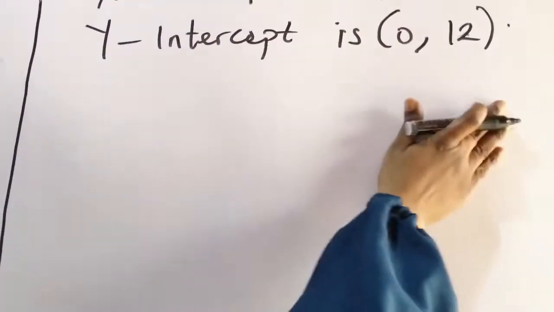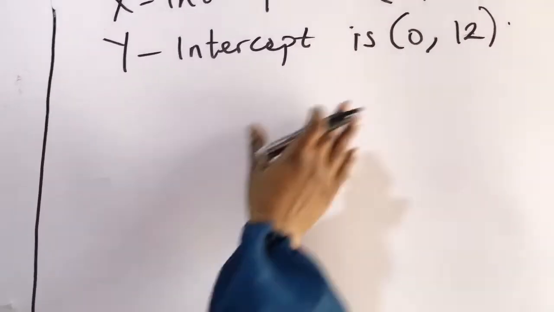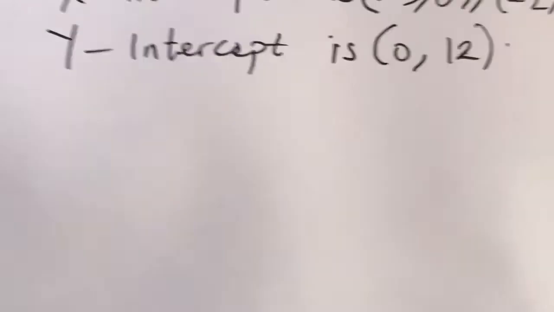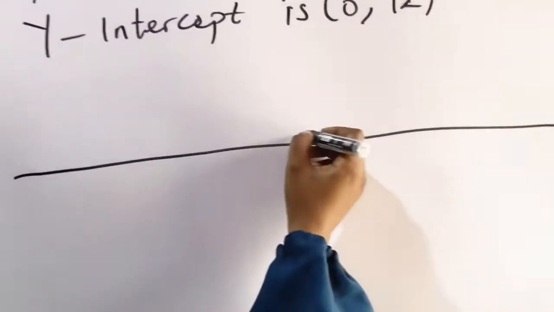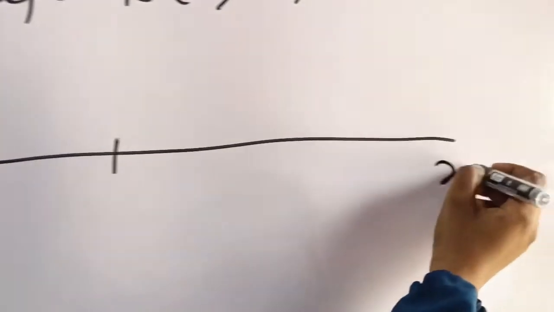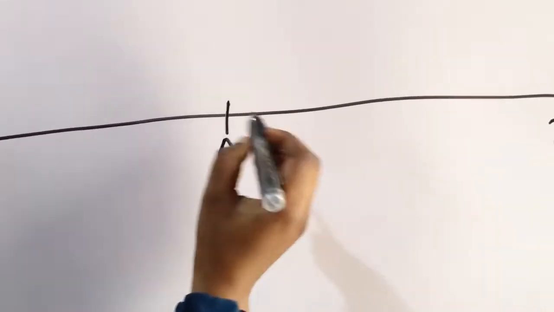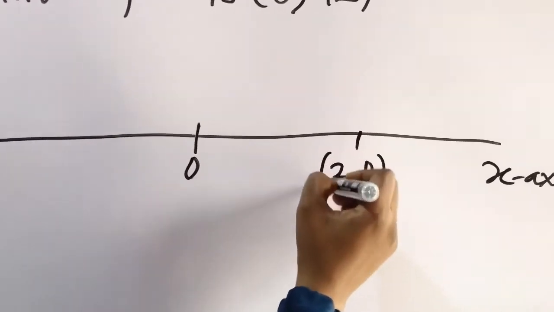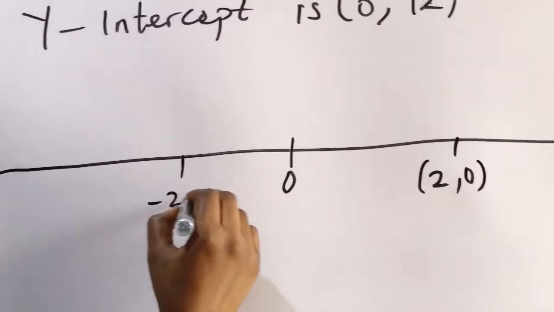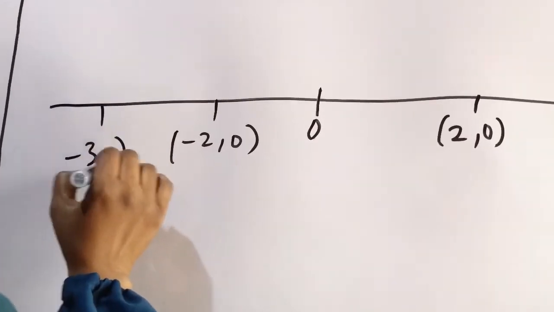So the next thing here is that we have to look for the behavior of that function at different intervals along the x-axis. So the intercepts are, this is the center on the x-axis, this is 0. So here will be 2, 0. Here will be minus 2, 0. And here will be minus 3, 0.